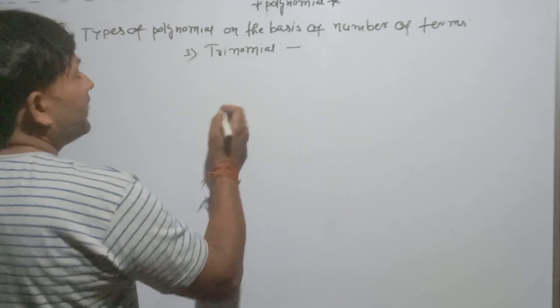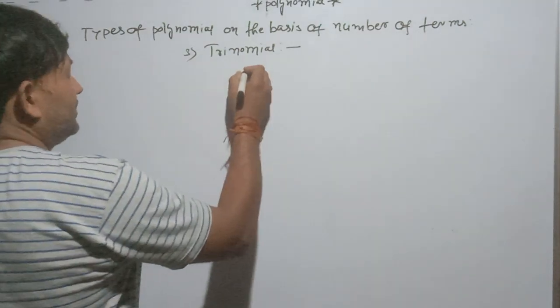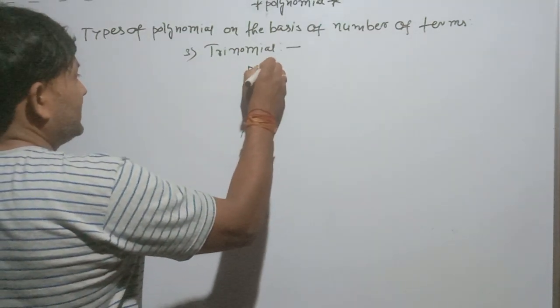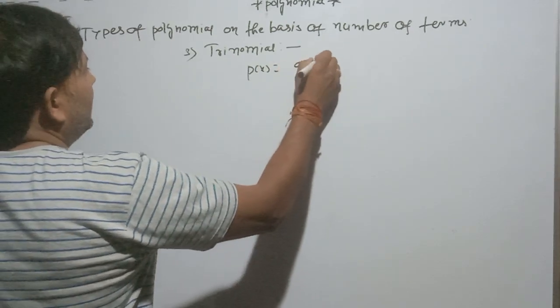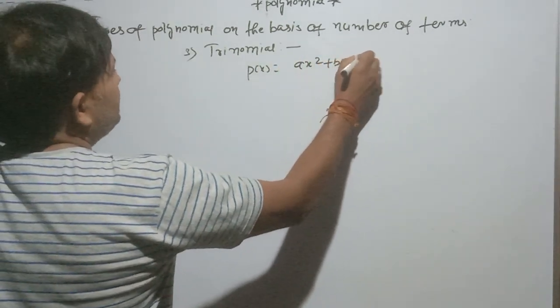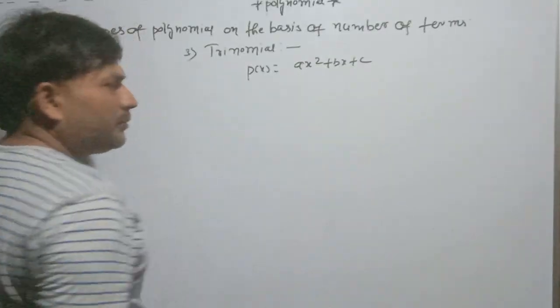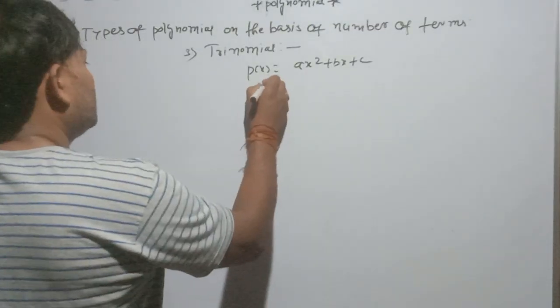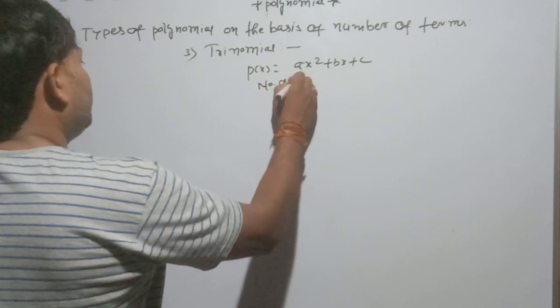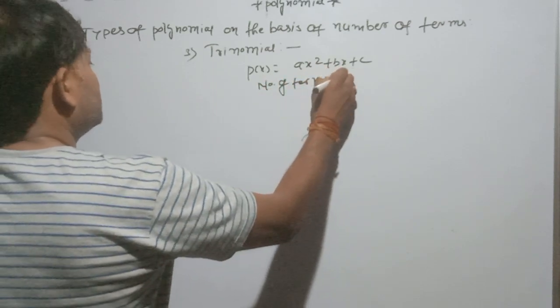Now you have to see that I am going to take an example. Suppose that p(x) = x square plus bx plus c. How many terms? 1, 2, 3. The number of terms is equal to 3.